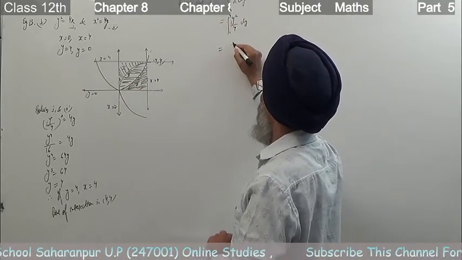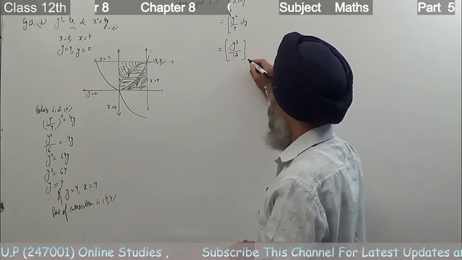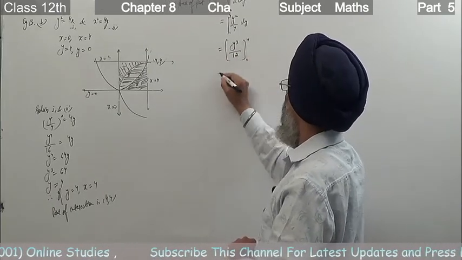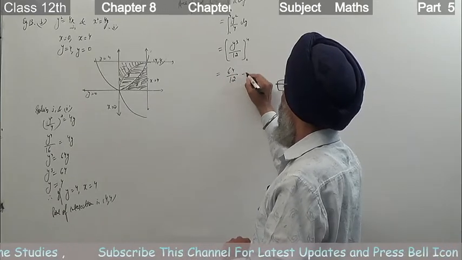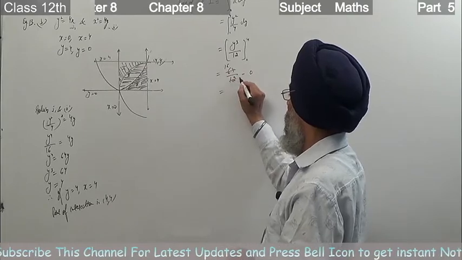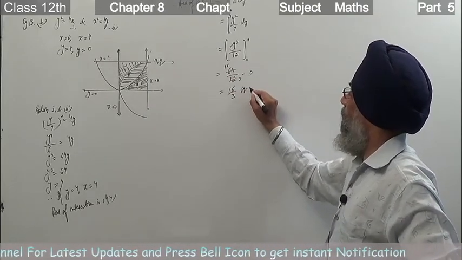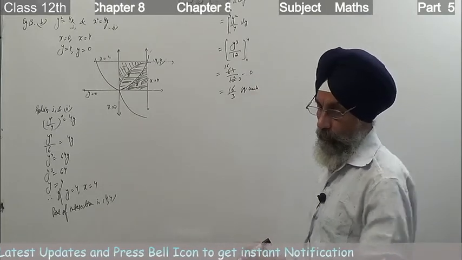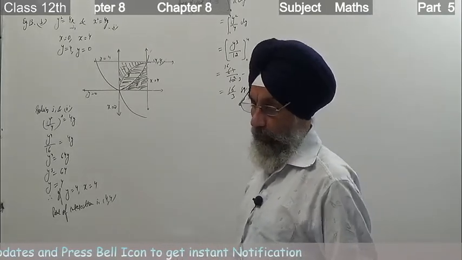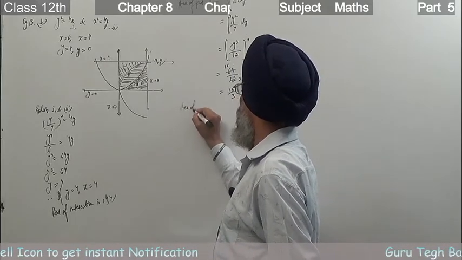Solving it, we get y cube upon 12, from 0 to 4, 64 upon 12 minus 0. That is 16 upon 3 square units.